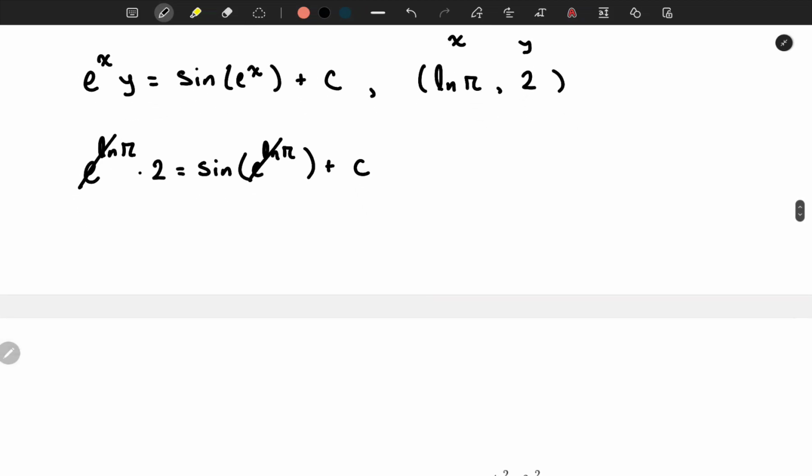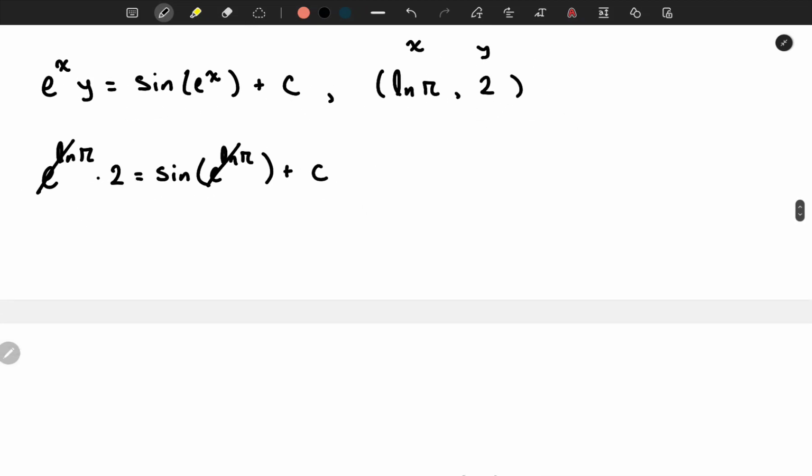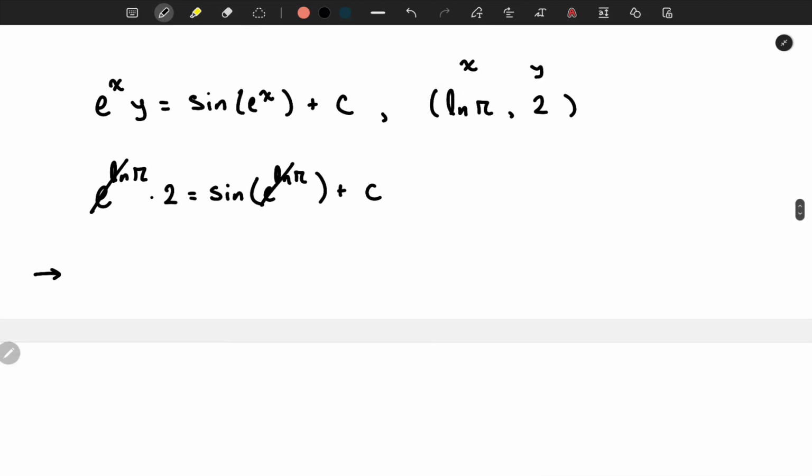And so really, this leaves us with 2 pi is equal to the sine of pi plus c. The sine of pi is equal to 0. So we're left with c, which is equal to 2 pi. And so we've now found our constant.